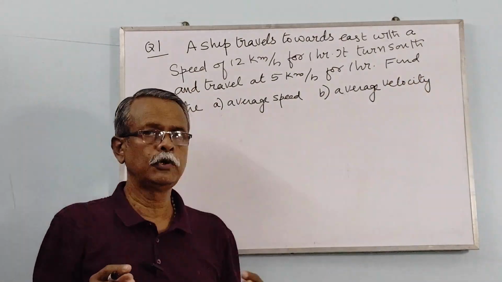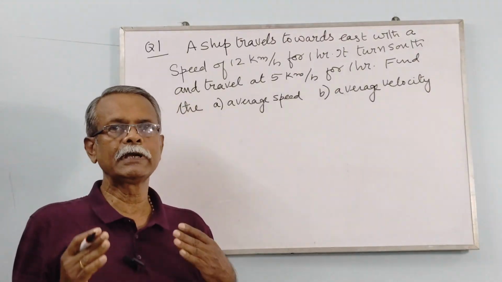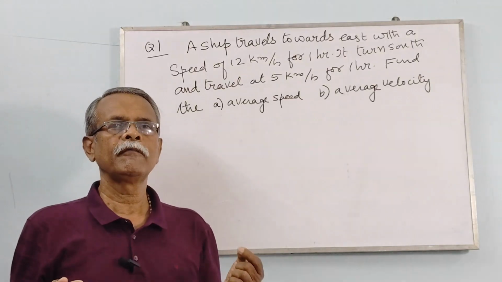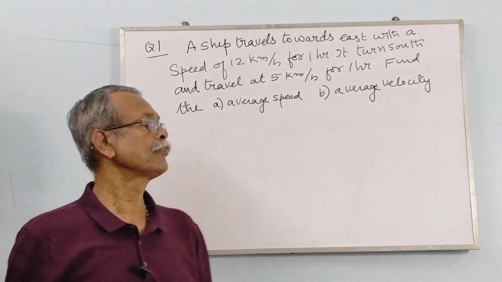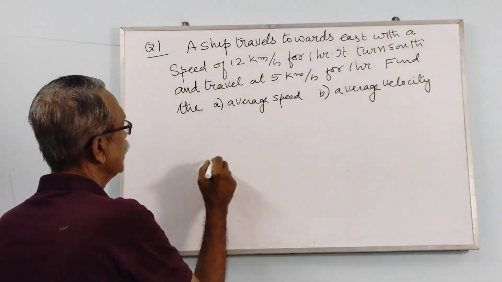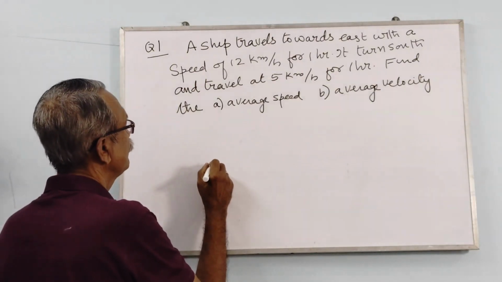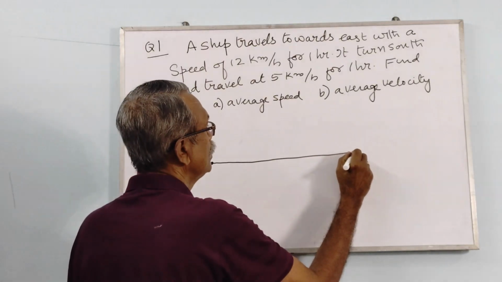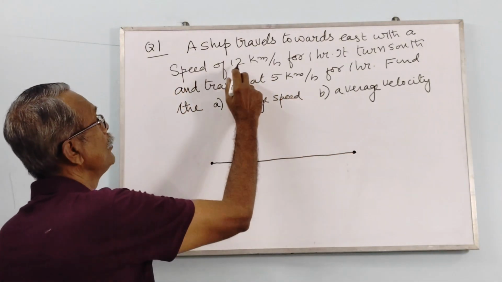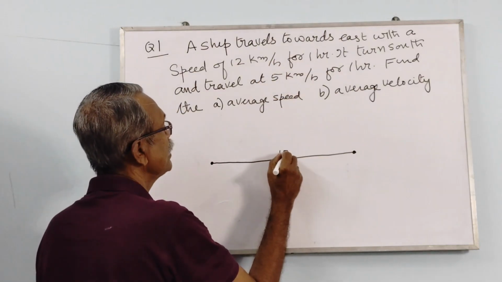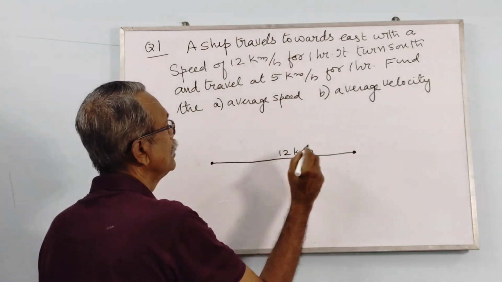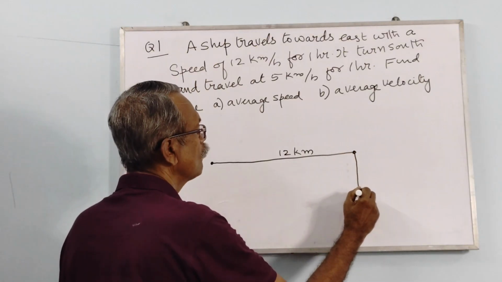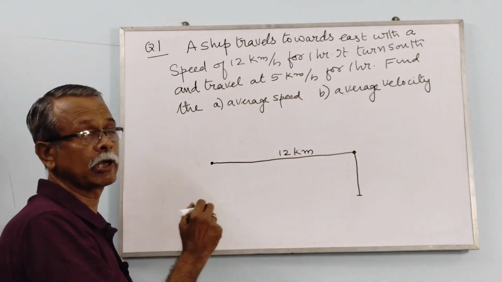I am doing everything completely, therefore it will take some time. But when you are doing it in the actual examination, it will take only very little time. So, we draw the figure, start from here, travels towards north, this is the north direction, for 1 hour at 12 km per hour. So, this distance is 12 km. Then he moves towards south, this is the south direction, for 1 hour at 5 km per hour.